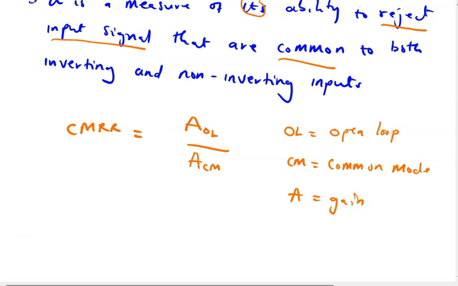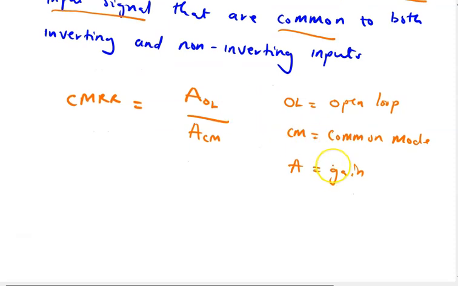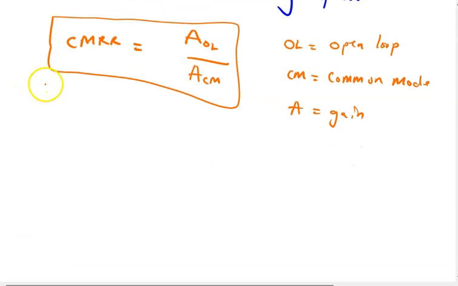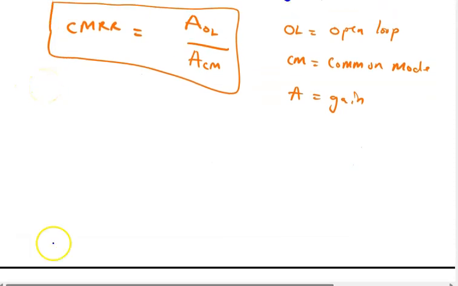So we have the open loop gain and the common mode gain. This is the general formula for the common mode rejection ratio. Any question they give under it, they are going to give you these values and you just insert.